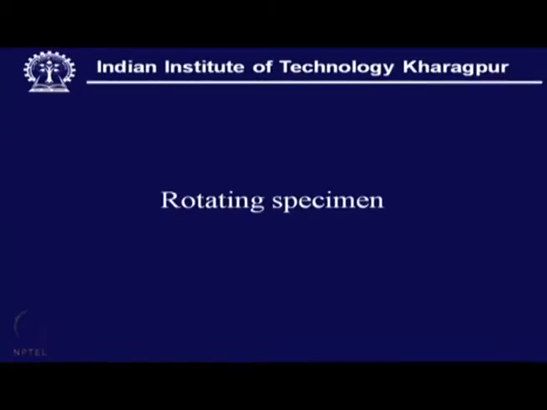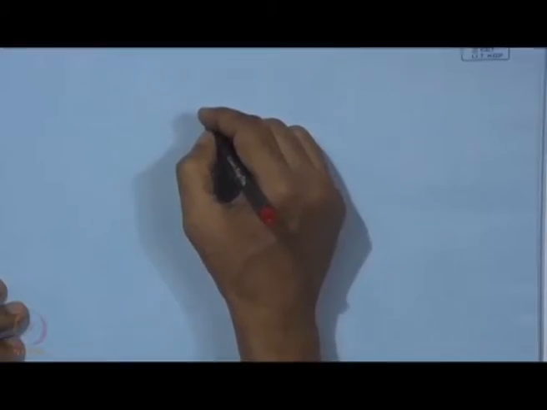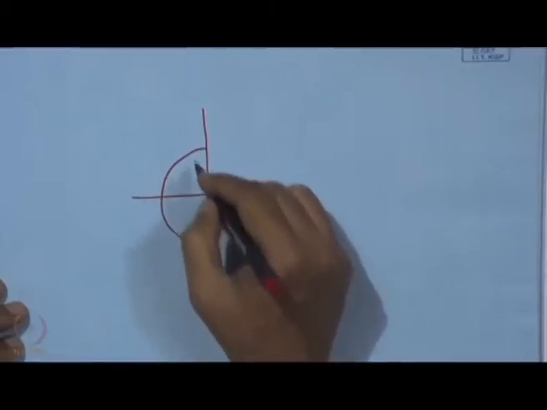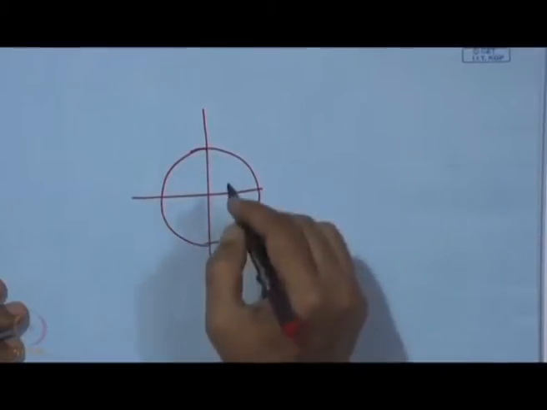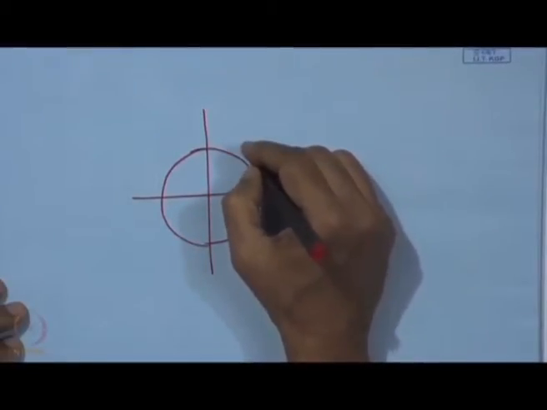Now, this is a rotating specimen. We can have a specimen continuously rotating, or we can have a reciprocating specimen. As we have already mentioned, if we consider just one disc, either it can rotate continuously or it can reciprocate.